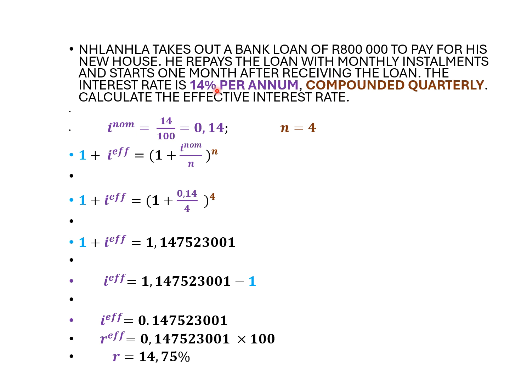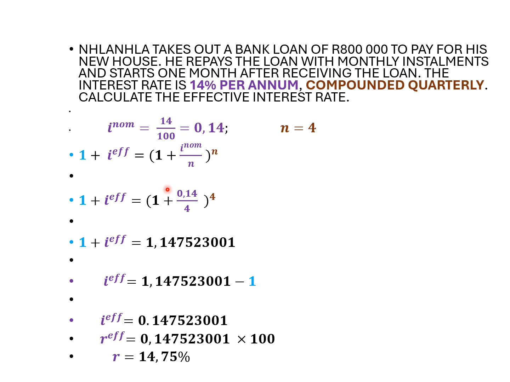So my nominal rate, 14 over 100, remember percentage represents 100, gives me 0.14. Compounded quarterly, there's 4 quarters in a year, so n equals 4. So again, 1 plus i effective equals (1 plus i nominal over n) to the power n. I nominal is 0.14, n is 4, and n there is 4.